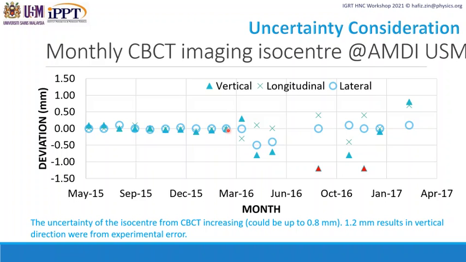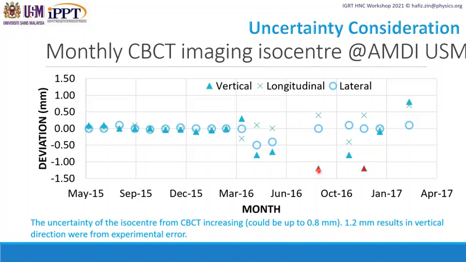However, after that, we can see it started to increase, so the errors started to become larger and even exceeded 0.5 mm after about a year. And also after a few months, we noticed that there was some deviation that exceeded 1 mm in one of the axes.